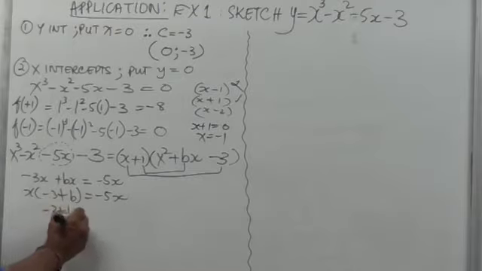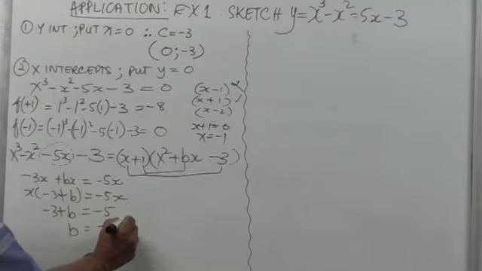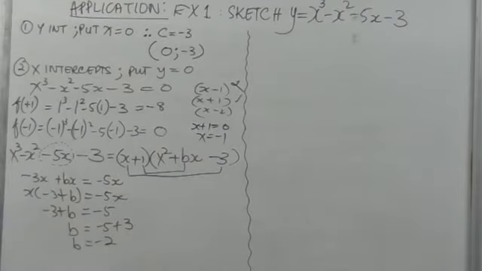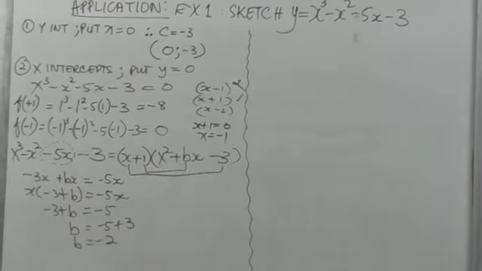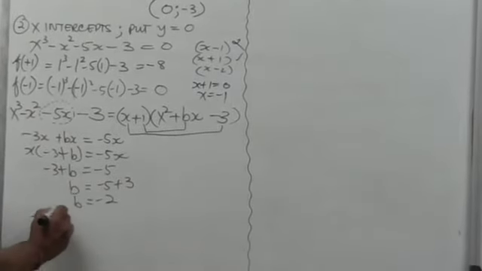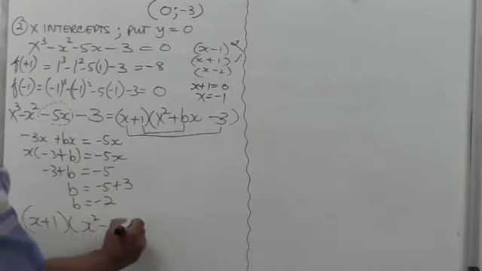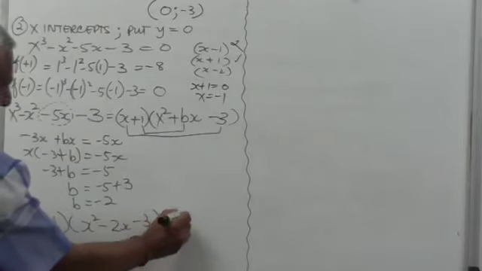Minus 3 plus b is equal to minus 5. b is equal to minus 5 plus 3, so b is equal to minus 2. So we have found b. The final answer will be x plus 1 into x squared minus 2x minus 3 is equal to 0.